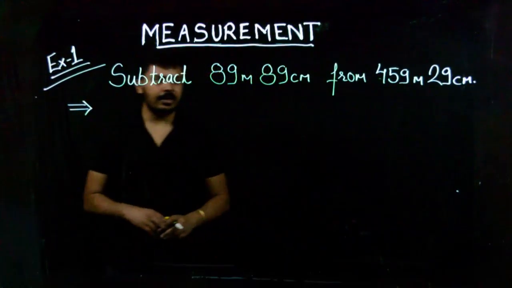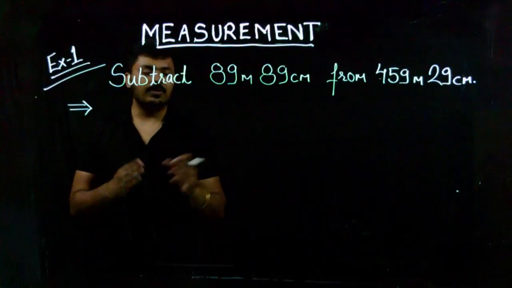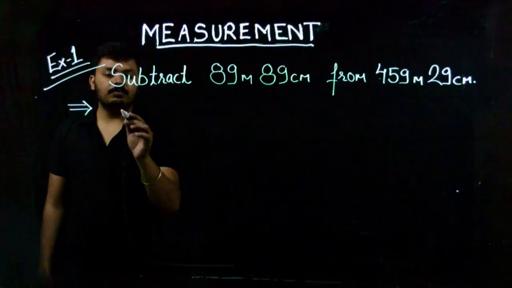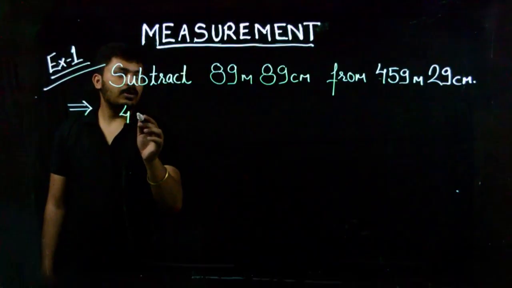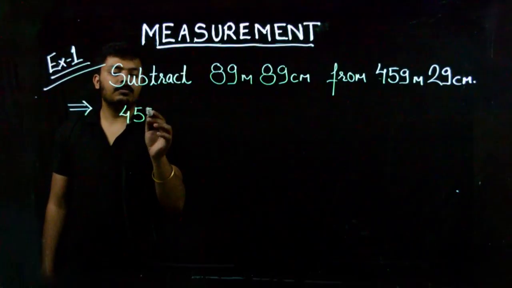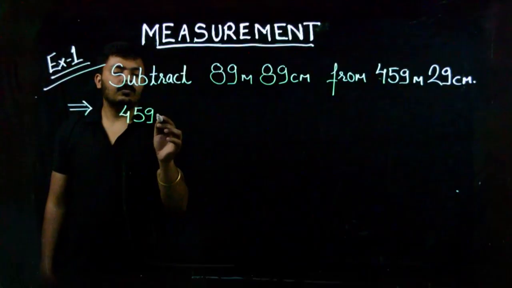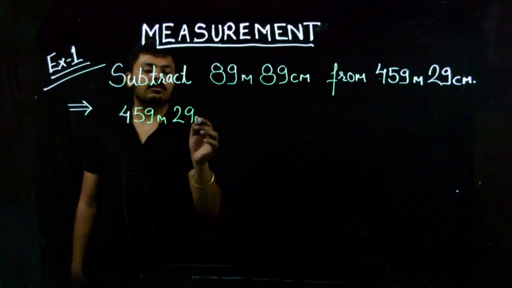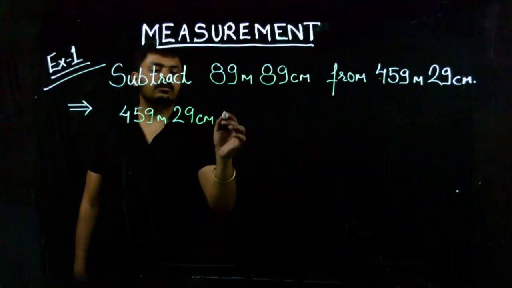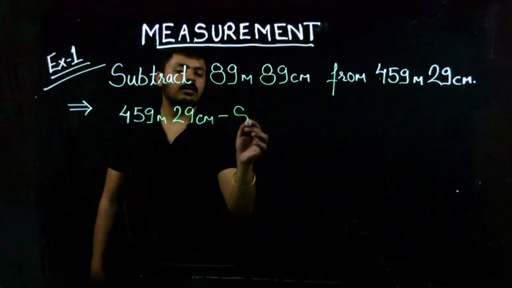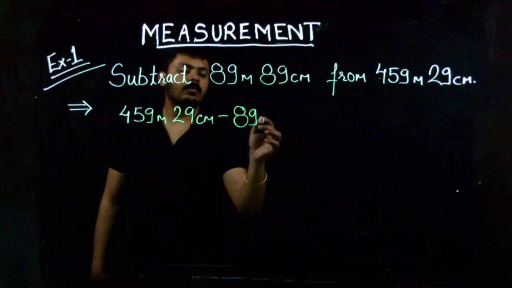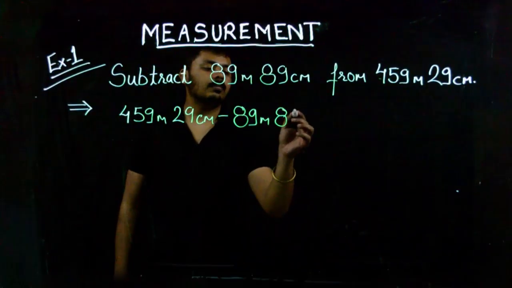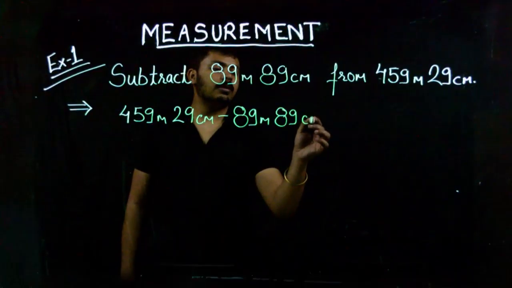So first let's write the number from which the length has to be subtracted. That is, we have to perform 459 meter 29 centimeter minus 89 meter 89 centimeter.